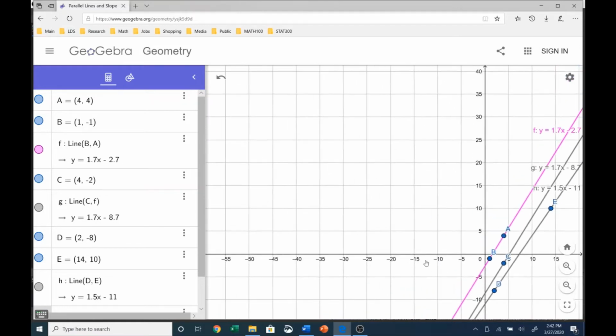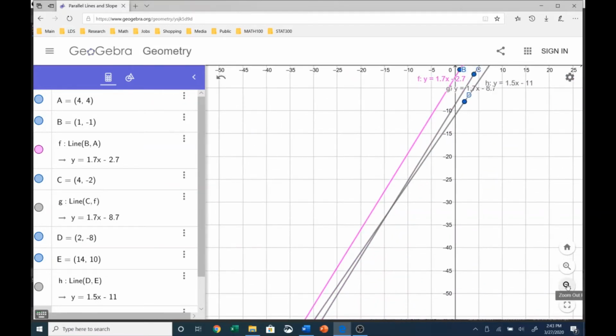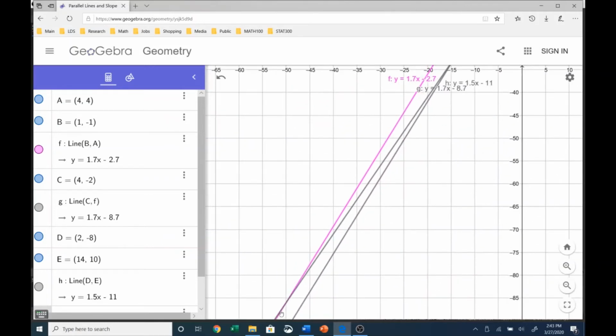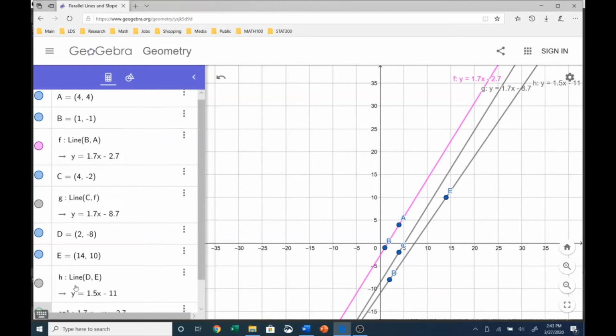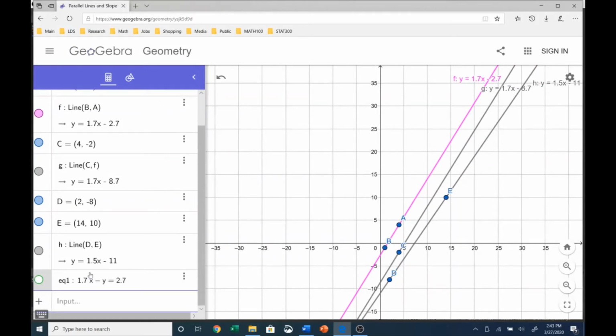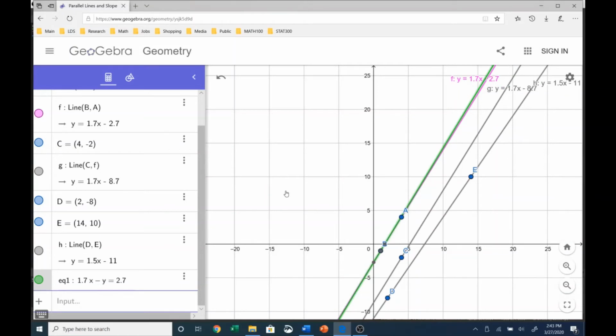And in fact, as we go down, we notice that it'll intersect here and also here. The last thing that we can see is that perhaps this line would be parallel to my first line, but in fact, it's the exact same line. So two lines that have the same slope can either be parallel to each other or actually be the same line.